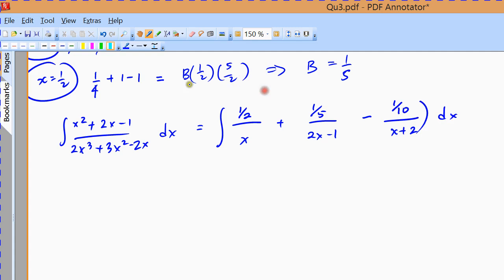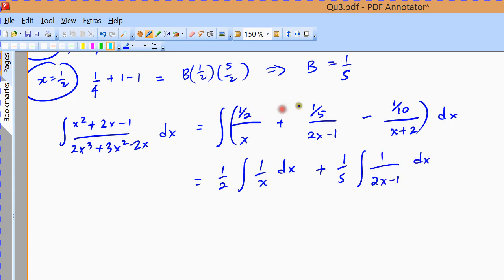Now I prefer to split this up into individual functions and integrate one by one, and we can factor out all the constants here. So we get this. Now we are ready to integrate.